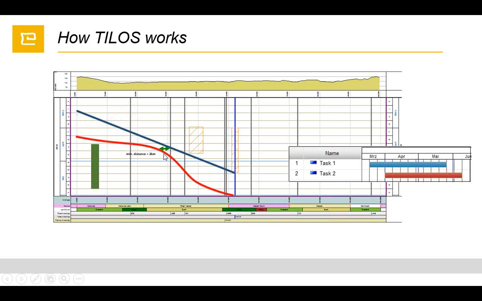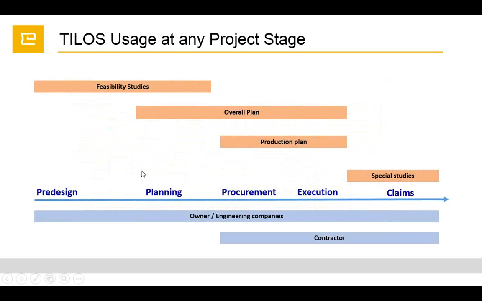So the system can calculate the distance between the tasks and adjust the lag based on this. They will never overlap, solving this problem from the beginning, and this will help you recover what you invest in Tilos. We can use Tilos at the pre-design stage, planning, execution, and for claiming purposes.